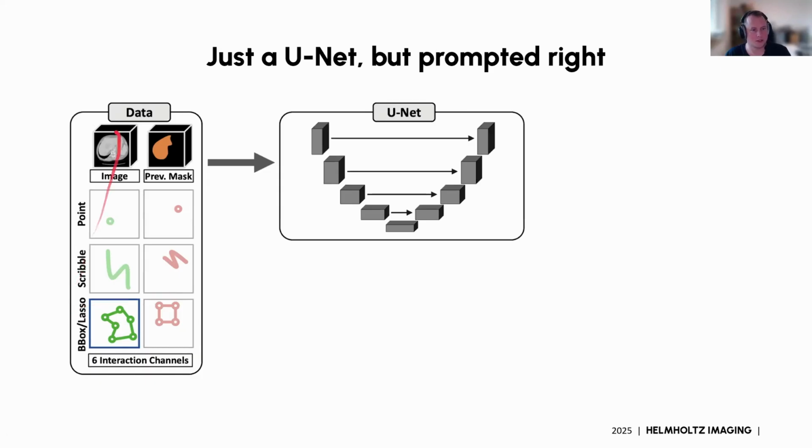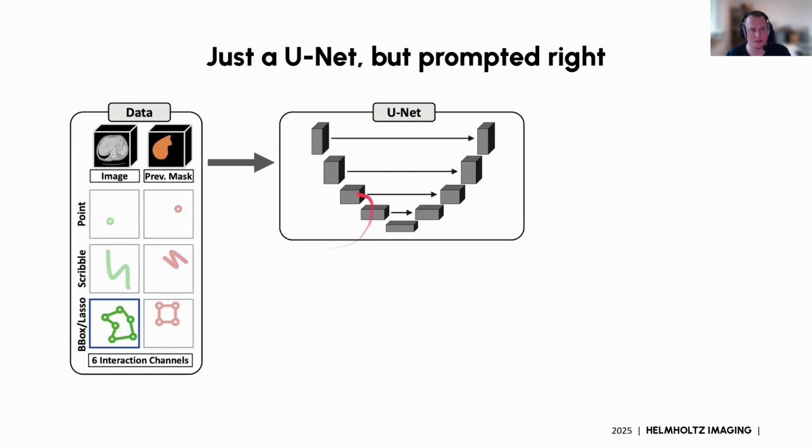And the input channels we're choosing here is, of course, the original image that has the imaging information. We are injecting a previous mask channel, which allows the whole system to remember what the previous prediction was. And then we have 6 interaction channels where we have 2 channels for each interaction type, a positive and a negative channel, and we are separating the interaction channels by interaction or prompting styles. So we have a set for points, a set for scribbles, and one set that is shared between bounding box and lasso interactions.